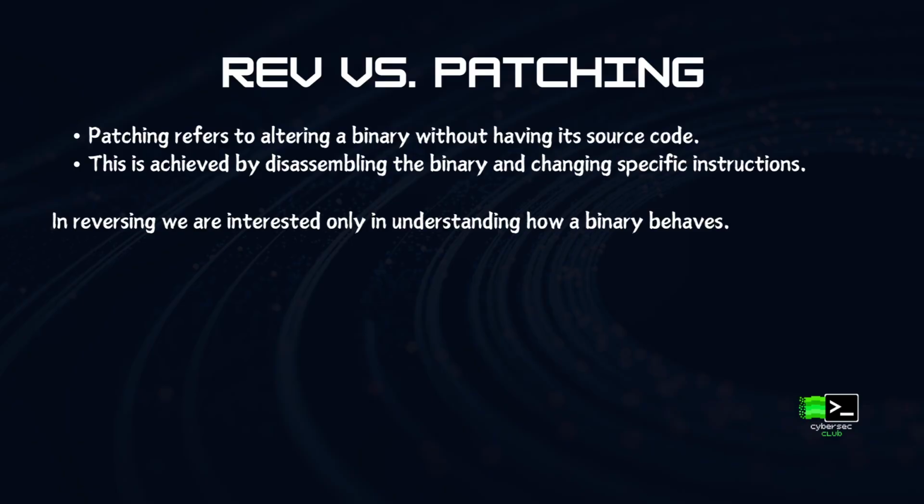This can also be used to test stuff regarding the binary and make it more secure. So patching refers to altering a binary without having its source code. Basically, you reverse engineer to get the source code and then make the change in the code. And you can also do it from assembly itself, changing specific instructions. Okay.